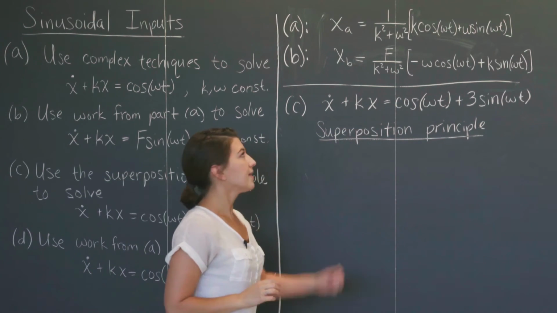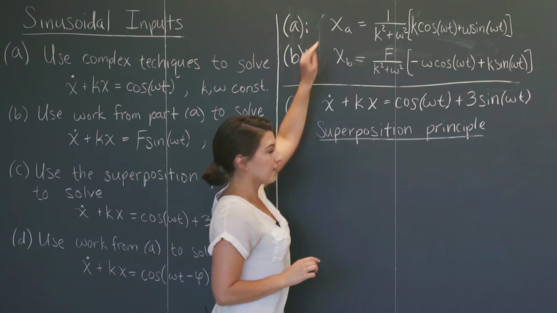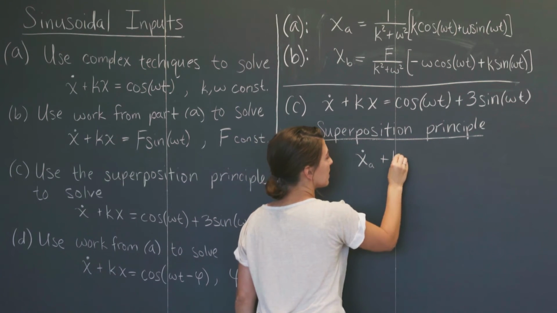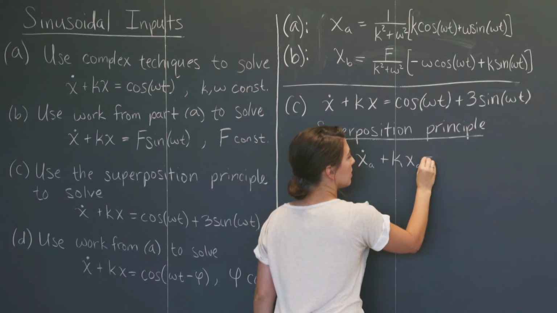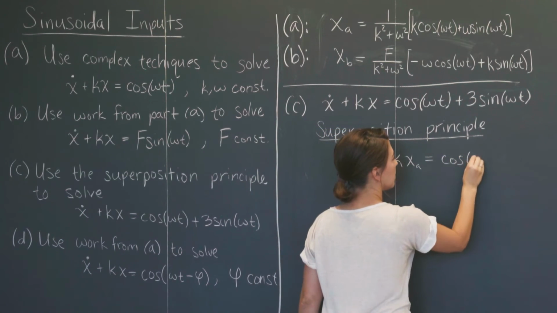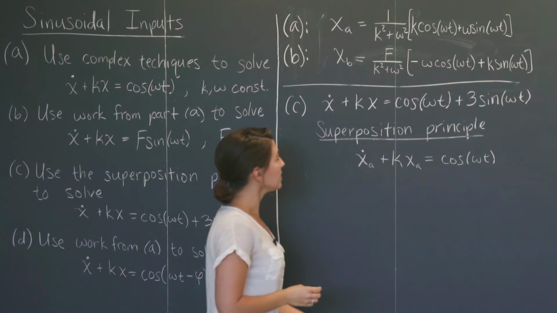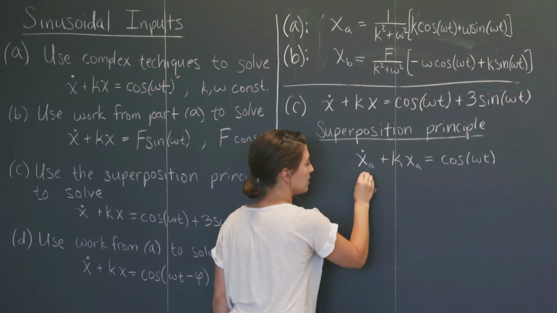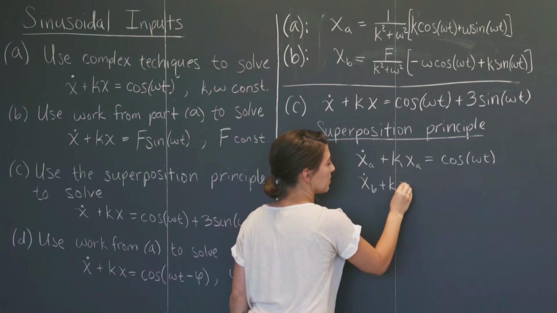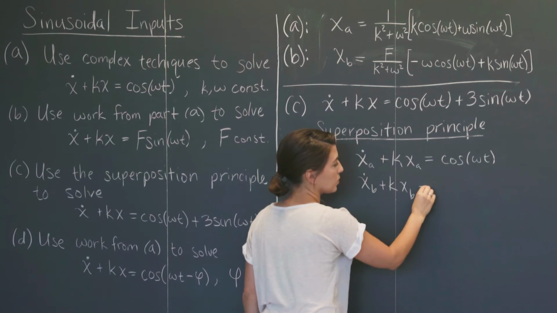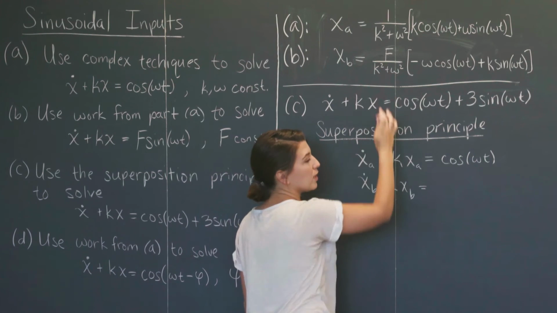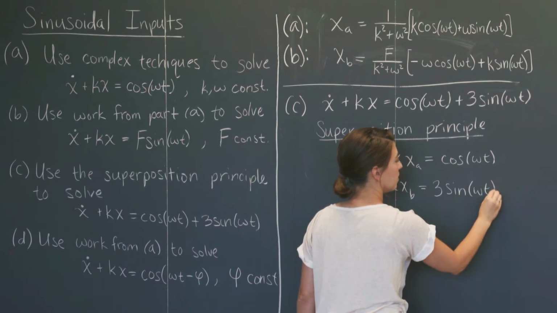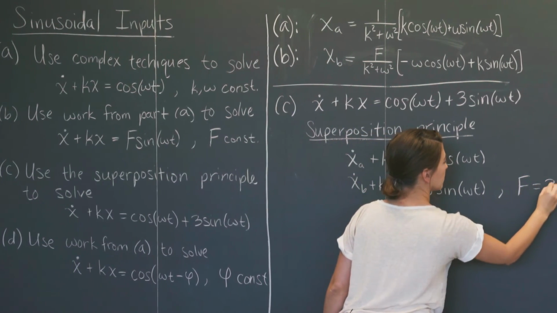We saw in part A that this particular solution satisfied the equation x sub a dot plus k times x sub a equals cosine of omega t. This particular solution for part B solves the equation x sub b dot plus k times x sub b is equal to, if we let f equal 3 in this case, 3 sine of omega t, where f equals 3.